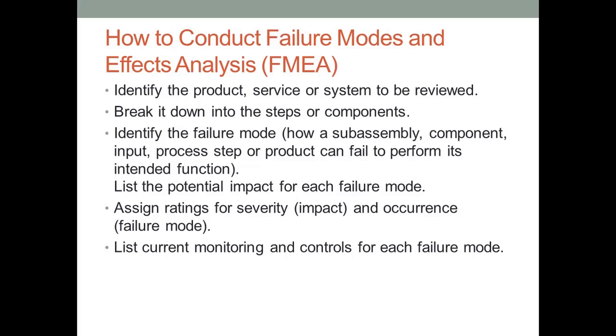Then also list current monitoring and controls for each failure mode. So what that means is sometimes we may not be able to prevent a failure from occurring, but we can mitigate negative impacts. So that means you can have a detection mechanism such that even though the failure occurs, before the customer experiences the negative impact of the failure, you would have mitigated the negative impacts.